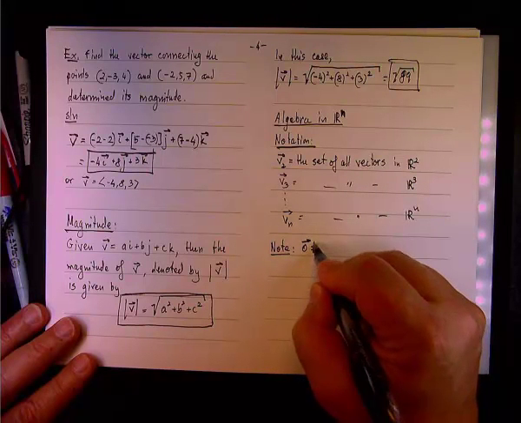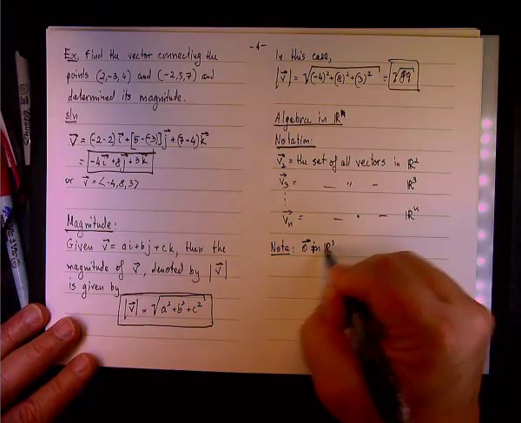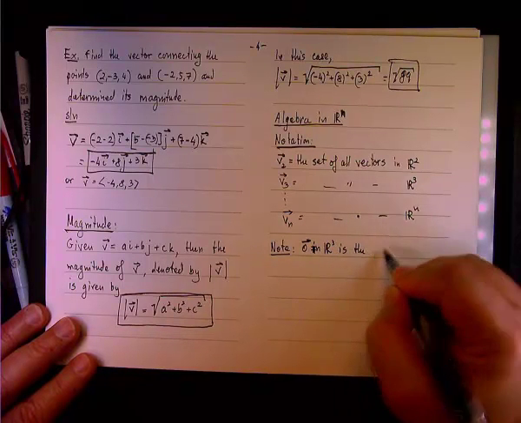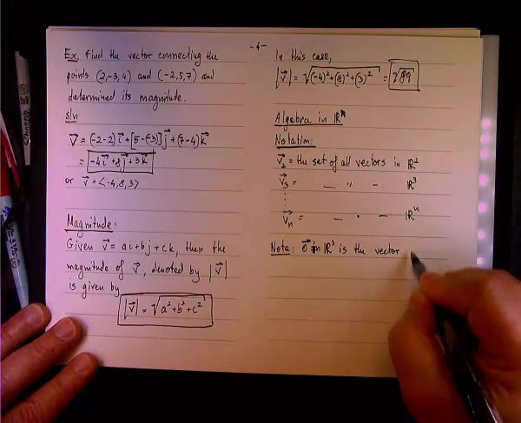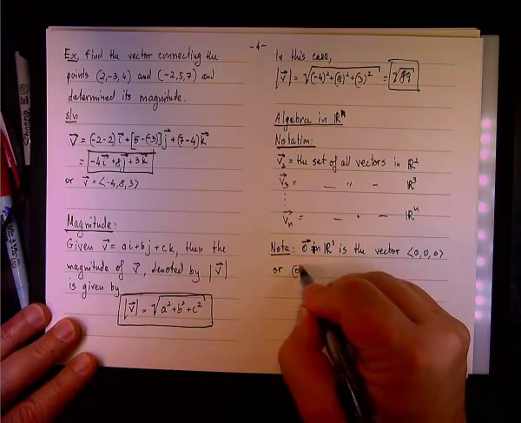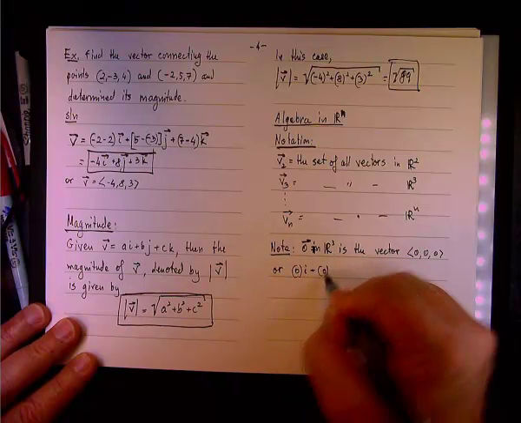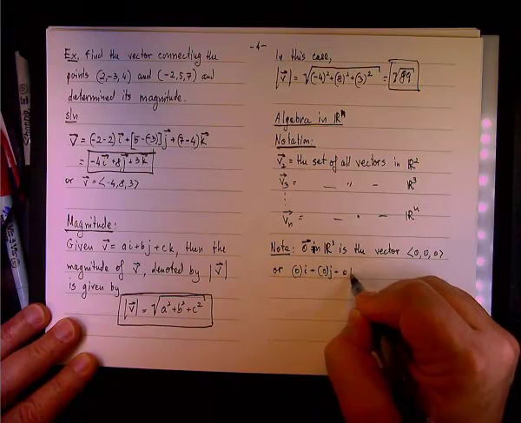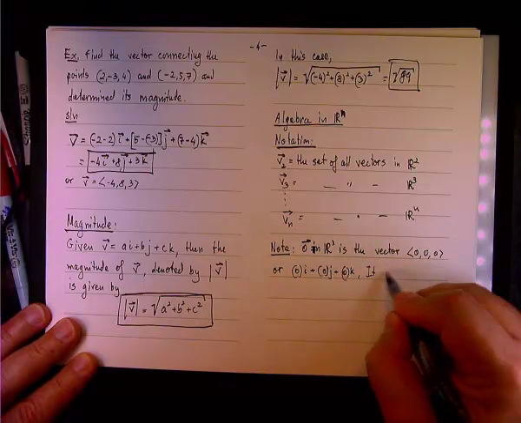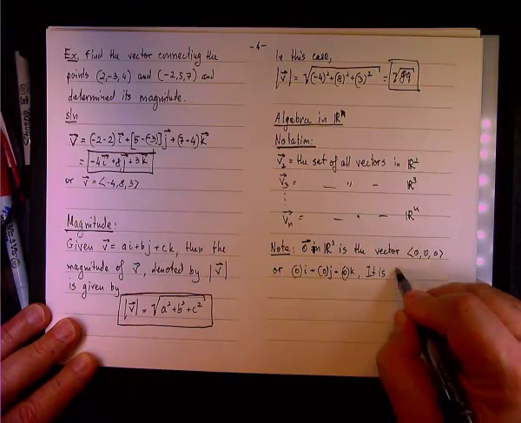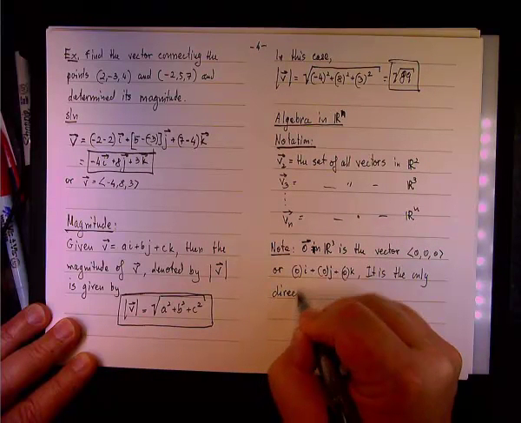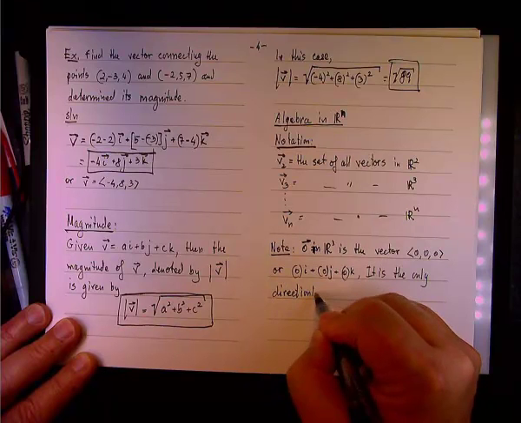What we mean by that, the zero vector in R3, if we'll be specific, is the vector 0, 0, 0, or 0 times i plus 0 times j plus 0 times k. It is the only directionless vector.